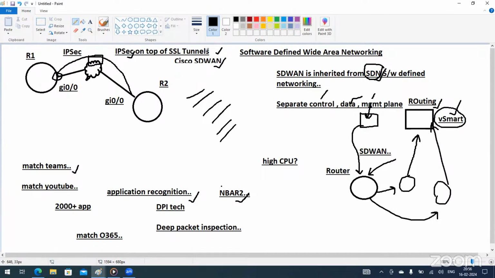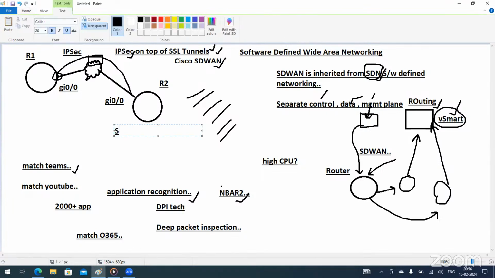So these SSL tunnels are only established when their certificates match, right? This is what SSL is. SSL means we use certificates for authentication. Security, I will say, on high level. So we have certificate-based security.